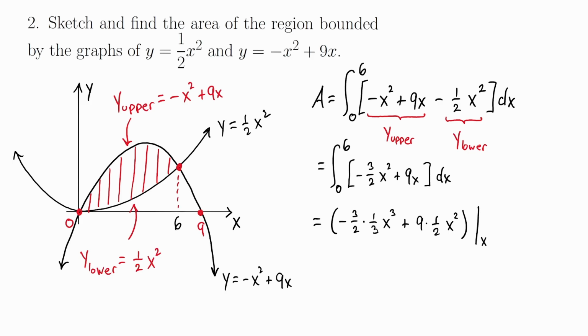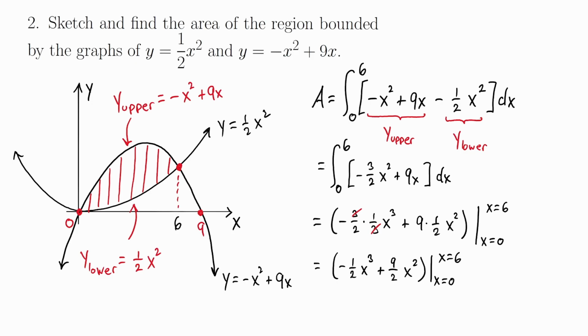And the last step there is we would evaluate that from x equals 0 to x equals 6. Now before you do that, notice you can clean up the factors there. You can cancel out those factors of 3 and write your simplified antiderivative as minus 1/2 x cubed plus 9/2 x squared, and we're going to evaluate that from x equals 0 to x equals 6.